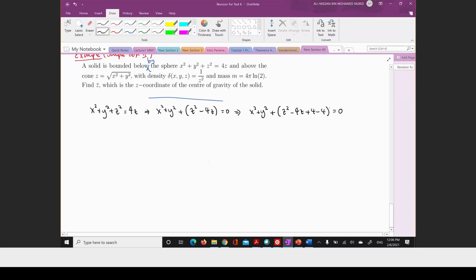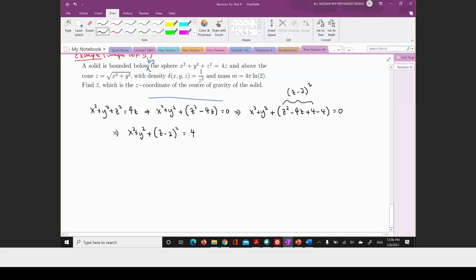We divide it by 2 and then we square, to get 4. So when we add 4, we must take away 4 to balance the equation. So this can be written as x squared plus y squared plus z minus 2 squared, right? And we have minus 4 on the left, so it becomes 4 on the right hand side.